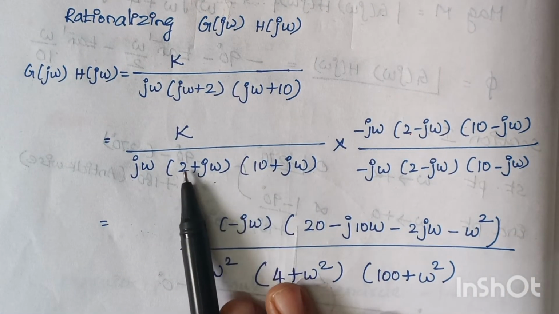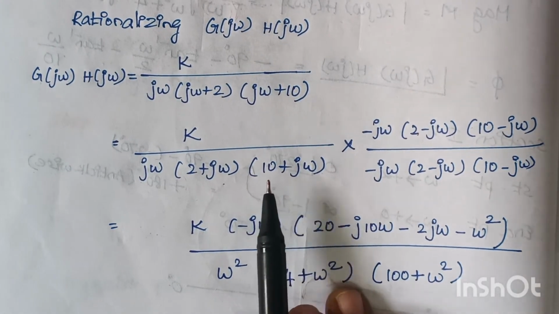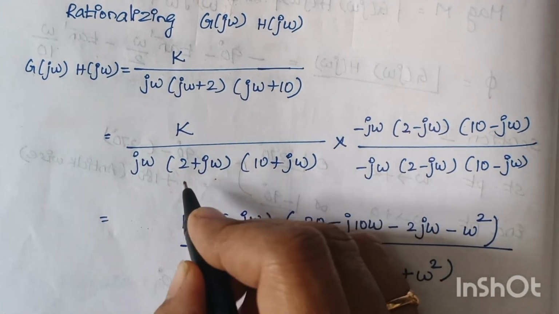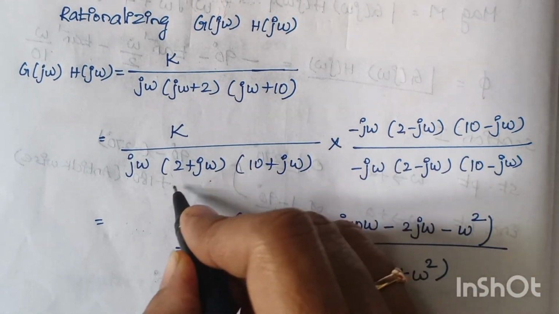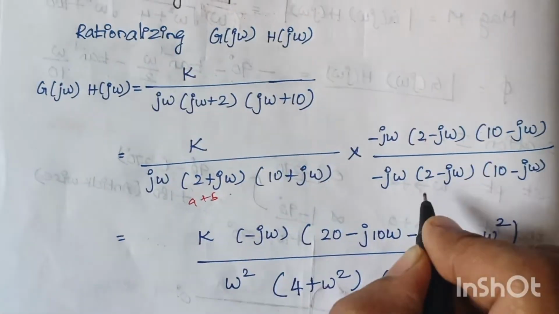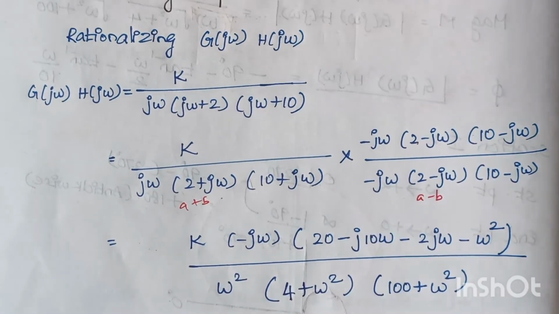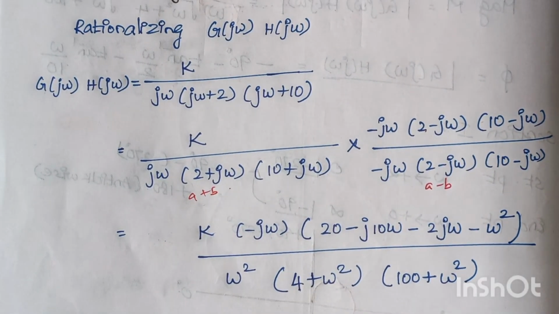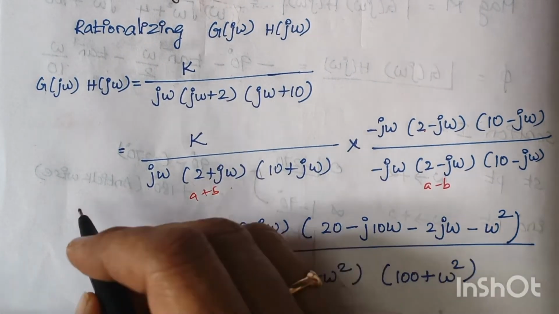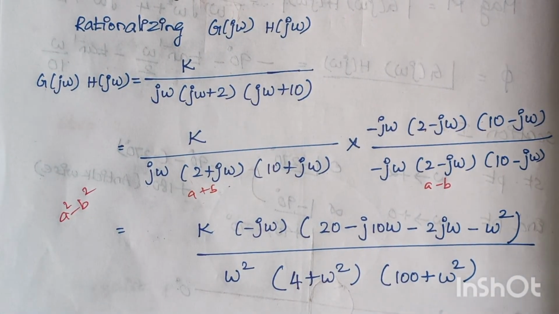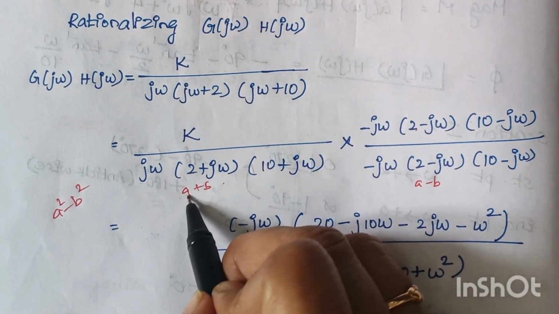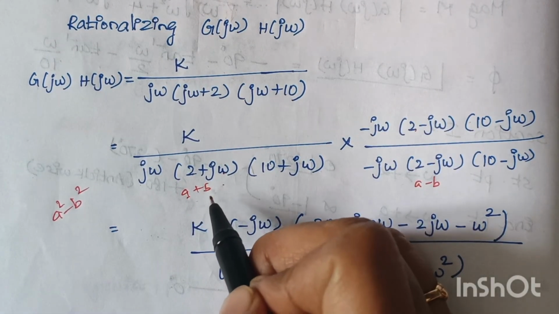Now we are going to simplify the denominator terms also. Here you see we are having 2 plus j omega and here 2 minus j omega. So this is of the format a plus b into a minus b. What is the formula? A plus b into a minus b is nothing but a square minus b square, right? Here in the place of a, I am having 2, and in the place of b, I am having omega.